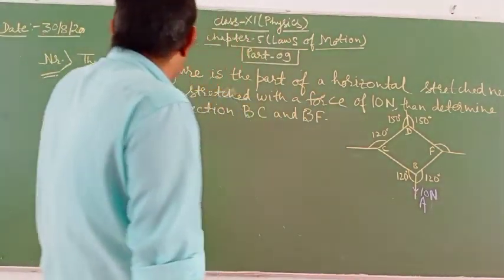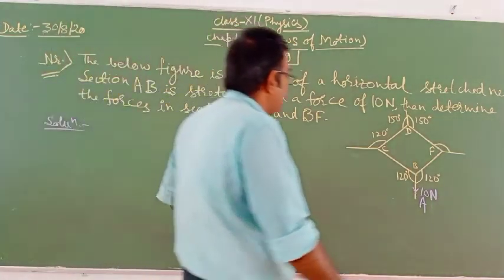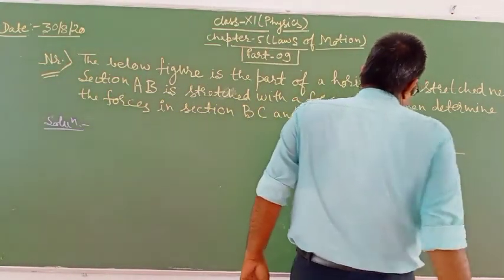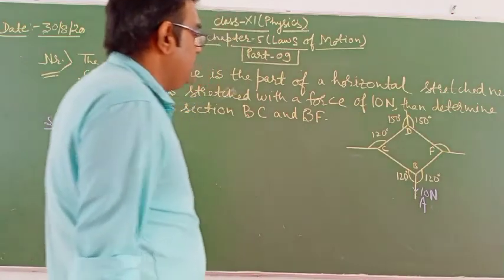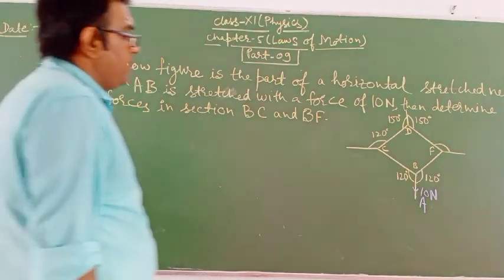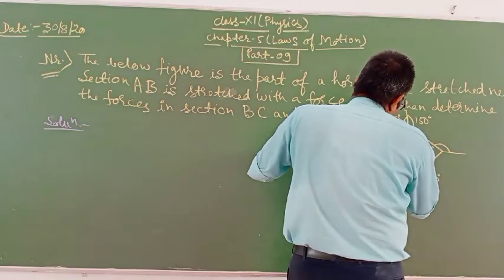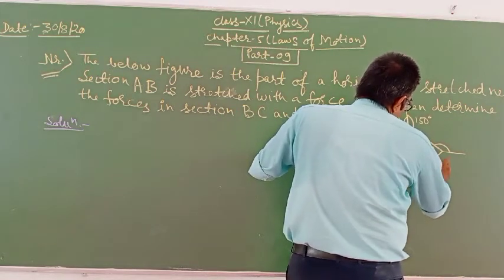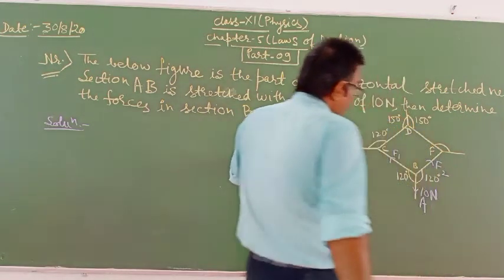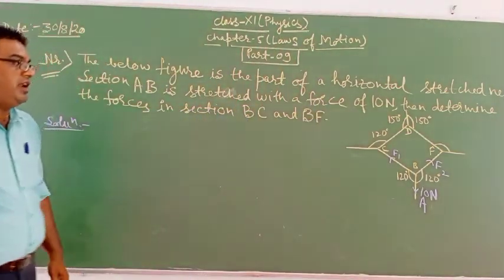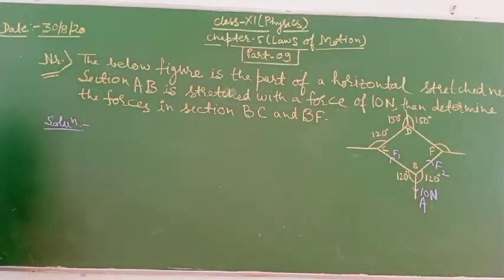Then you have to determine the forces in section BC and BF. Means if we suppose this force is F1 and this force is F2, then we have to find the value of F1 and F2 based on Lami's theorem.